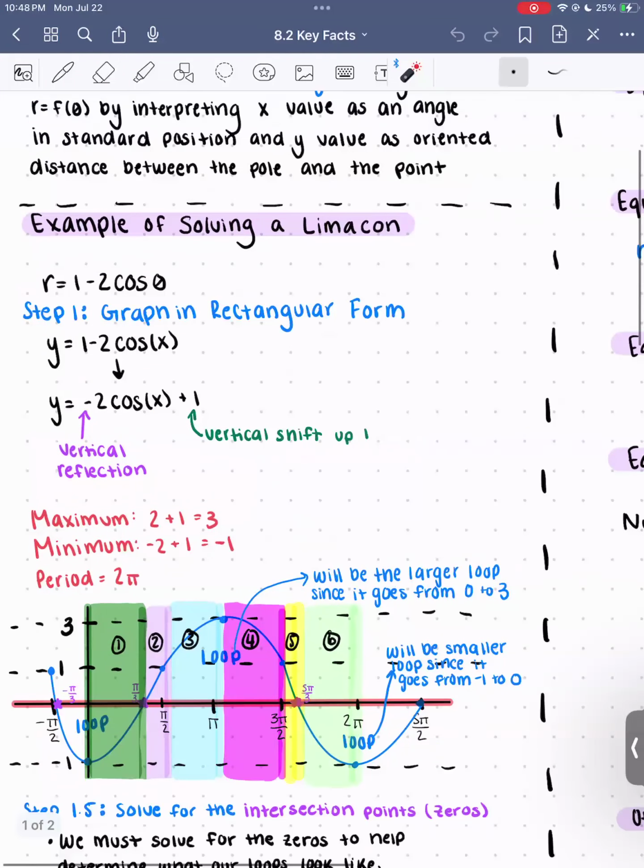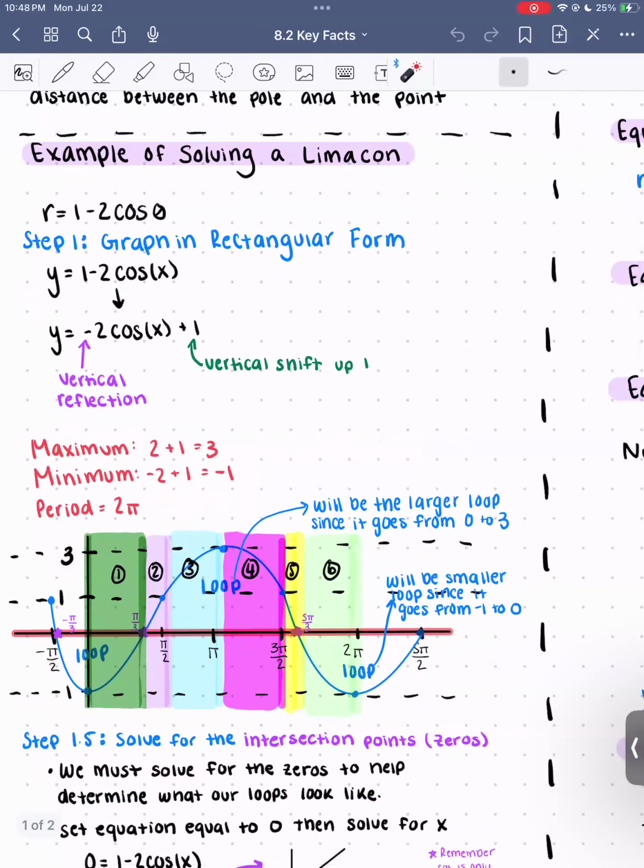All right. So we are given r is equal to 1 minus 2 cosine of theta. Our step 1 is to graph it in rectangular form. So all we do is replace r with y and theta with x.